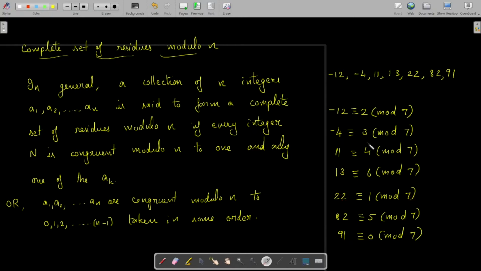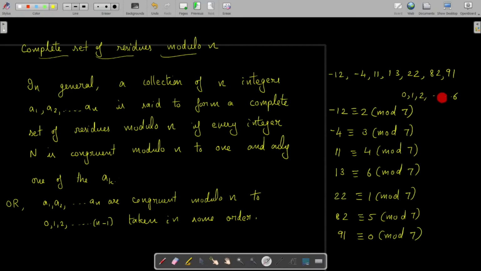And here we may see that each of these integers is congruent modulo 7 to exactly one of the integers 0, 1, 2, 3, 4, 5 and 6. So we may say that this set of integers forms a complete set of residues modulo 7, because these integers are congruent modulo 7 to exactly one of the integers 0, 1, 2, etc., 6.